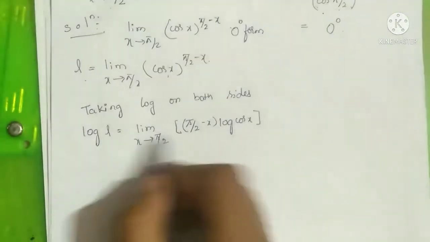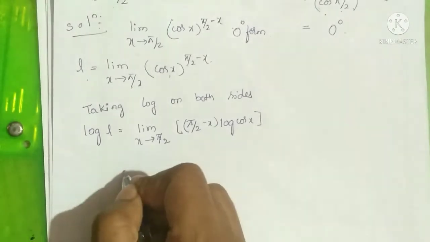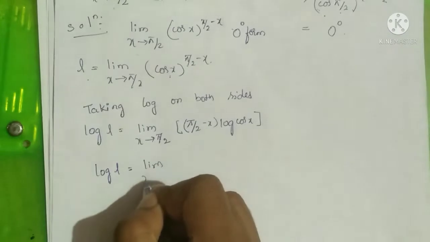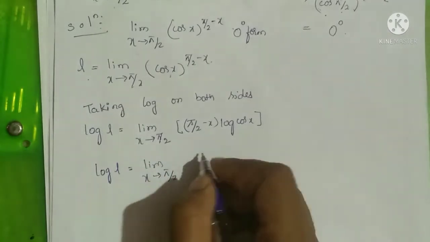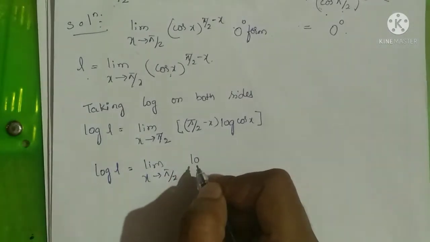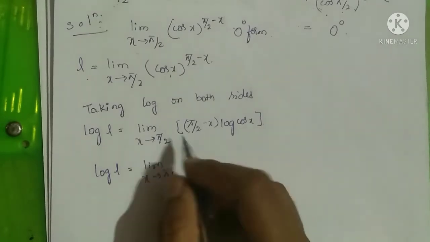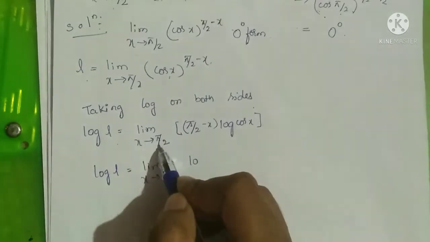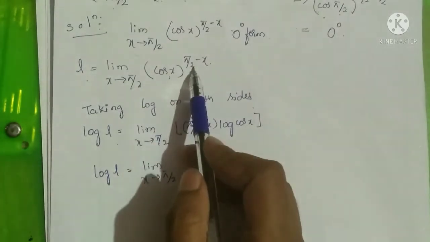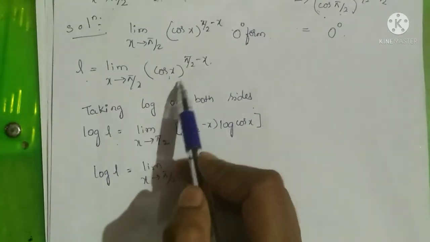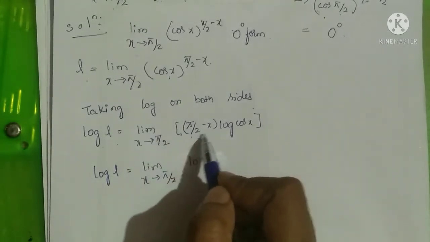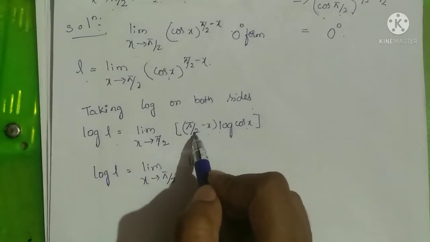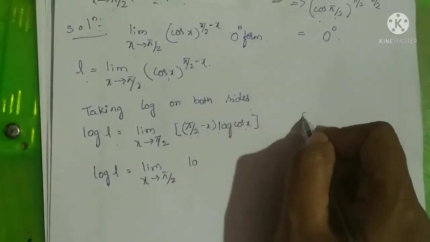Now we can apply the limit. Taking log on both sides, log L is equal to limit x tends to pi by 2 of (pi by 2 minus x) into log cos x. Since the power gets shifted when you take log, here it is in the form of 0 into infinity.